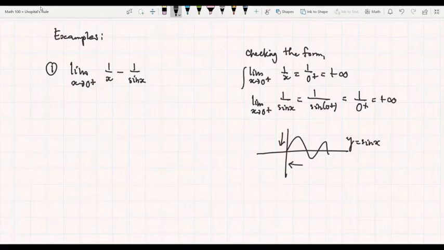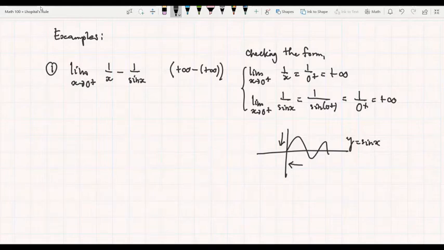So from these two calculations, this tells us that our limit is of the form positive infinity minus positive infinity, or simply put, this is infinity minus infinity. So here we encounter the first of the 5 other indeterminate forms.